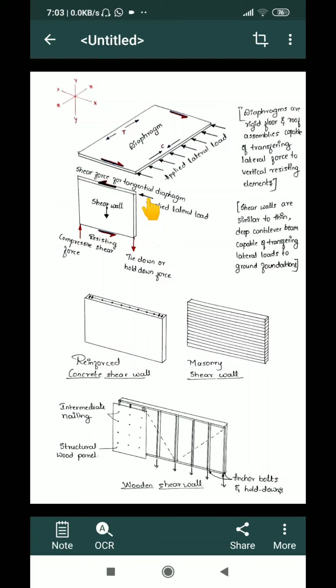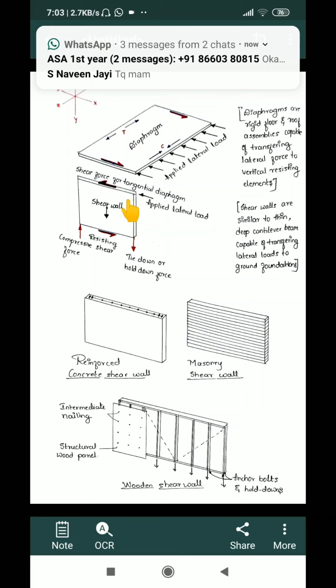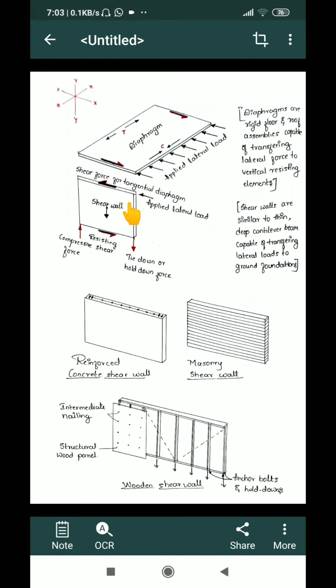This type of force is called an in-plane force, and shear walls are capable of carrying in-plane lateral forces. Meaning if I apply a lateral force along this line, this member will definitely deflect, but to a very small extent as compared to a normal wall.